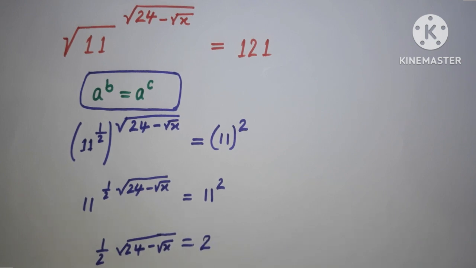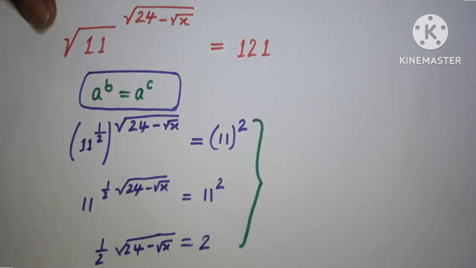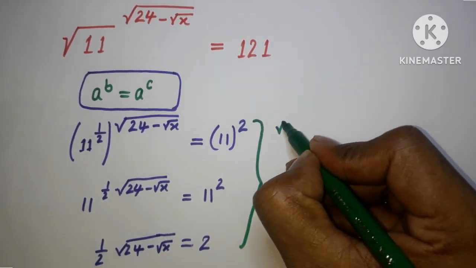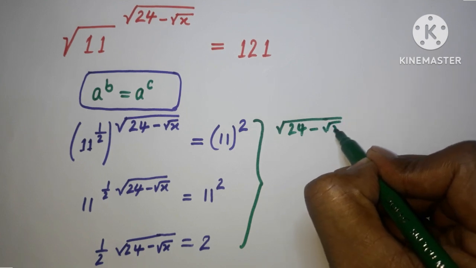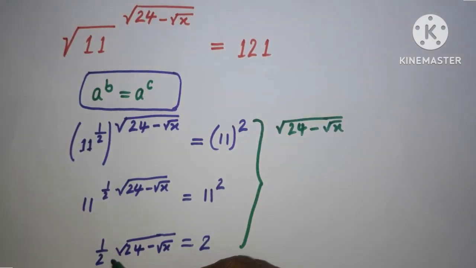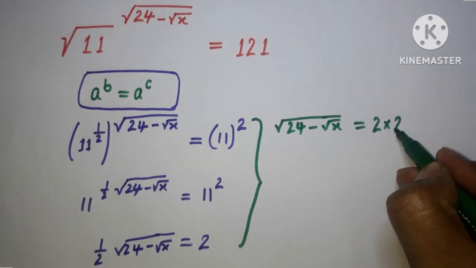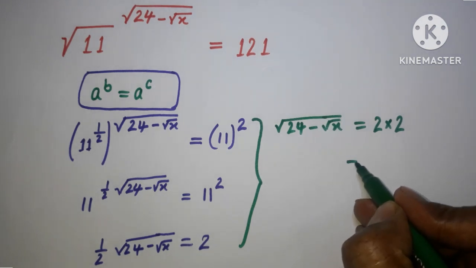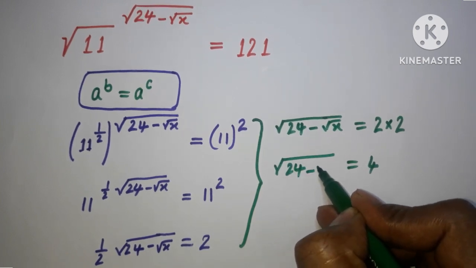Now we can proceed ahead. Here we have root under 24 minus root under x, and this coefficient goes to the other side in product form. So 1 upon 2, here 2 will come, 2 into 2, that is 4. So here 4 equals root under 24 minus root under x.